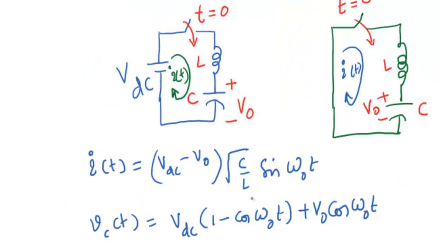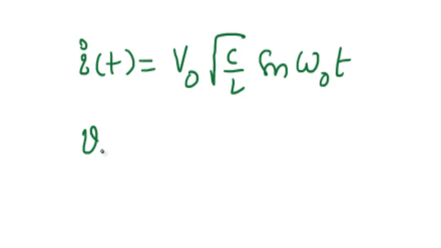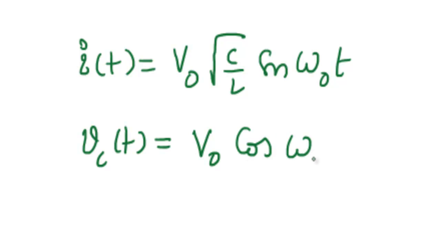Likewise, for the capacitor voltage, this entire term will be 0 because VDC is 0. Then you will have VC of t equal to V naught into cos omega naught t. Okay, so these are the equations we need to remember for the tank circuit. These are very important equations.